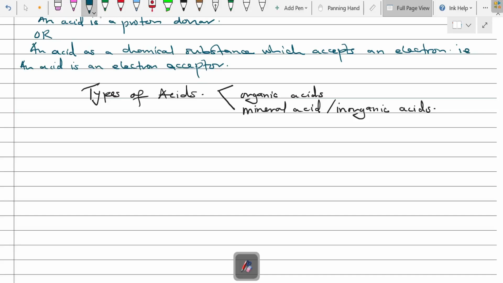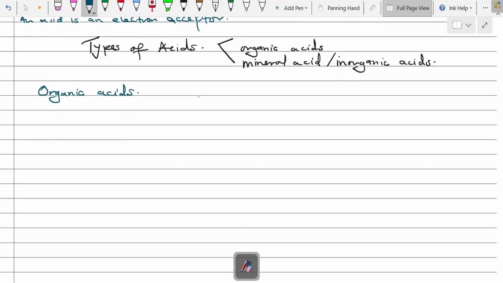We begin with maybe organic acids. And what are they? So what are organic acids? Acids which are obtained from organic matter.